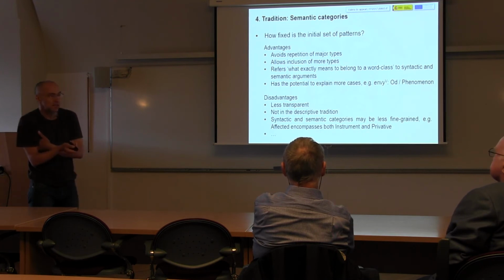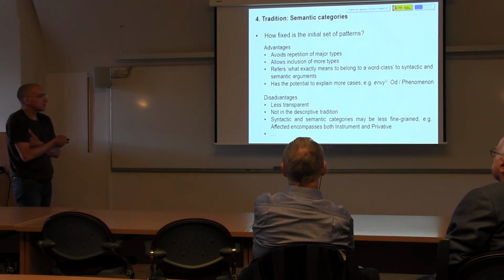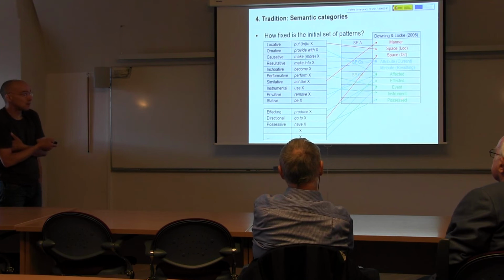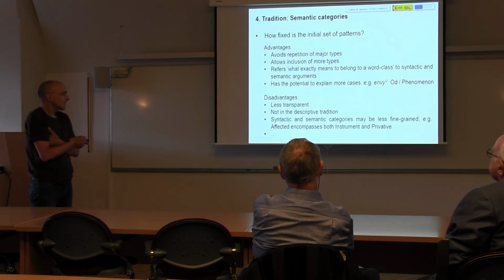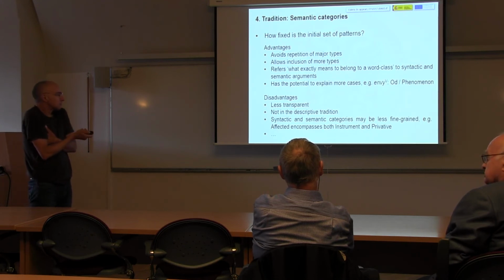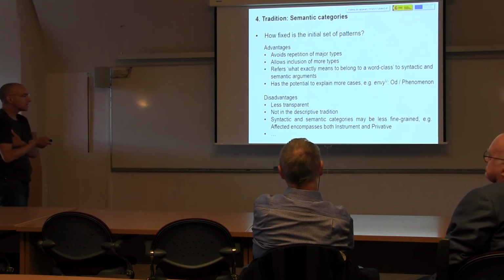The disadvantages of this reinterpretation: it is not so transparent because it refers to syntactic categories, but mainly semantic categories that are not very widespread in the description of morphological processes. There is no tradition for this. I don't think this could lead anywhere for many cases.